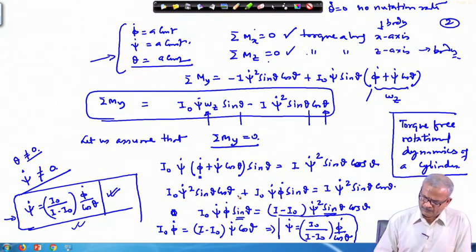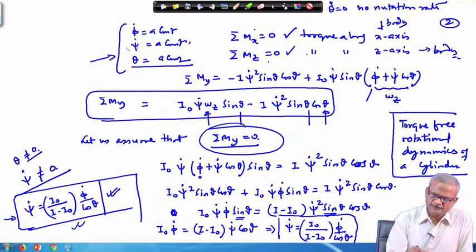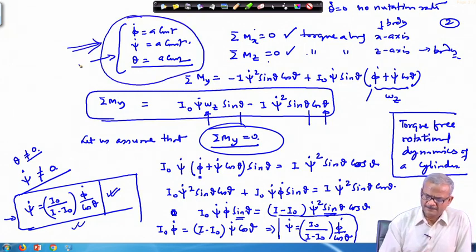Now, we are interested in the case where M y is not equal to 0. So, in that case only these conditions apply.